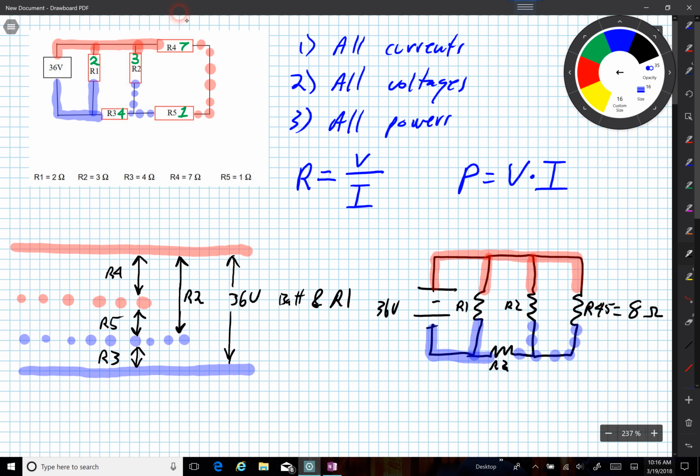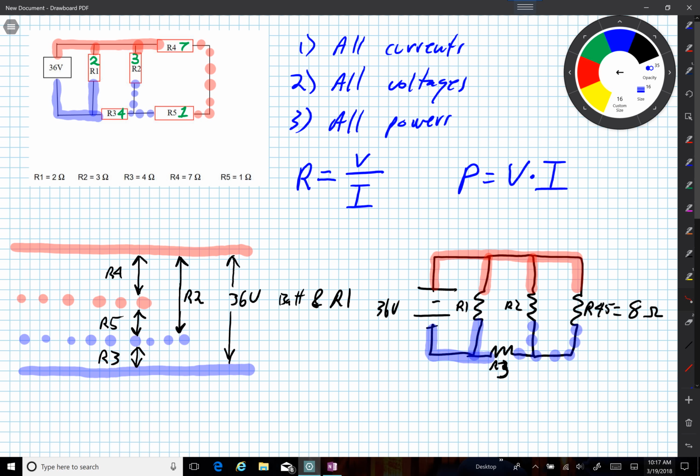Let me clean that up. After R3, I have to have dot, dot, dash blue, because that's what I did up here. I could have gone dashed red here, but that would have been wrong because that's not what I did up here. The dashed red has disappeared because I've combined R4 and R5, so it doesn't exist in this equivalent circuit.